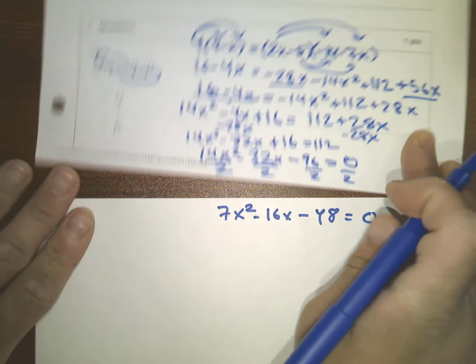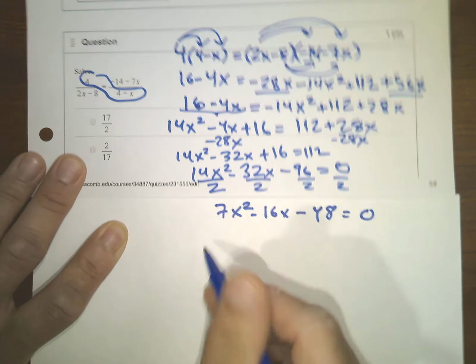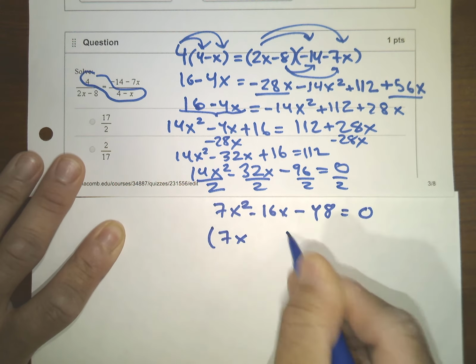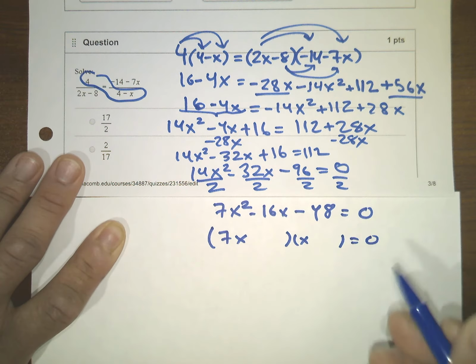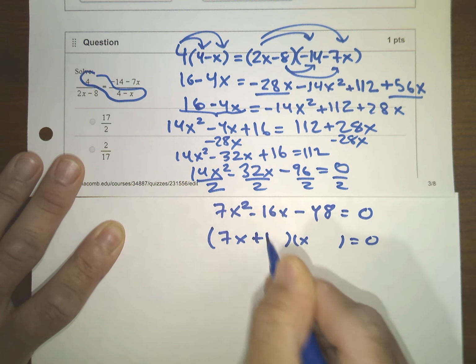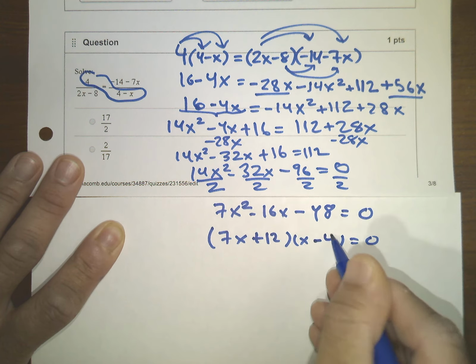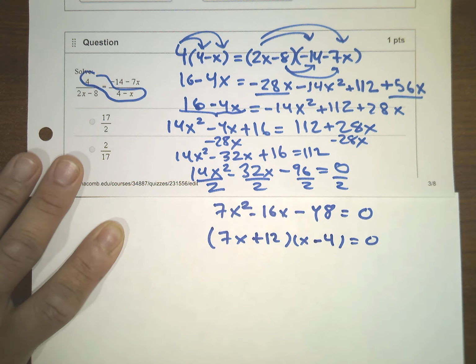Alright, and then what do I have when I factor this? I have a 7x and an x, and then that will end up being a plus 12 and a minus 4.